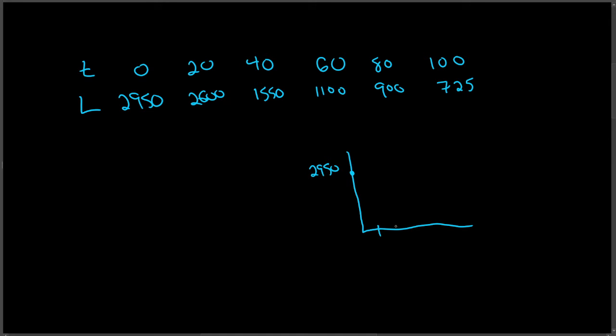And as we move through on time, this drops down. So we should recognize from the functions that we've seen that this is exponential decay. It is probably the best fit for the data.